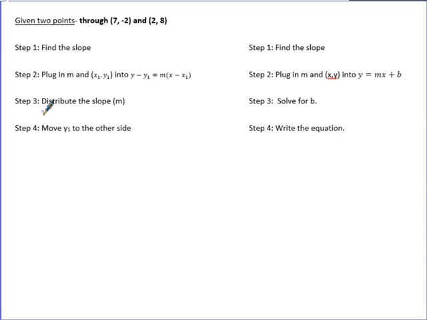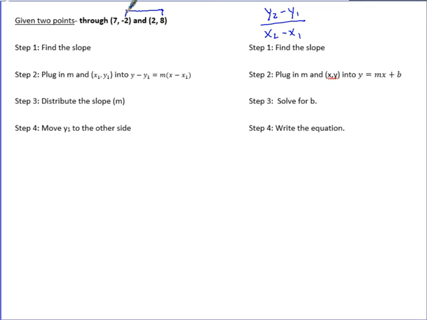Okay, this problem, now instead of giving us the slope, they're just giving us two points. So we have one extra step in that we need to find the slope. All right. Some of you guys may have been taught this slope formula where we just plug those things in. That's fine. I prefer to just sort of draw.